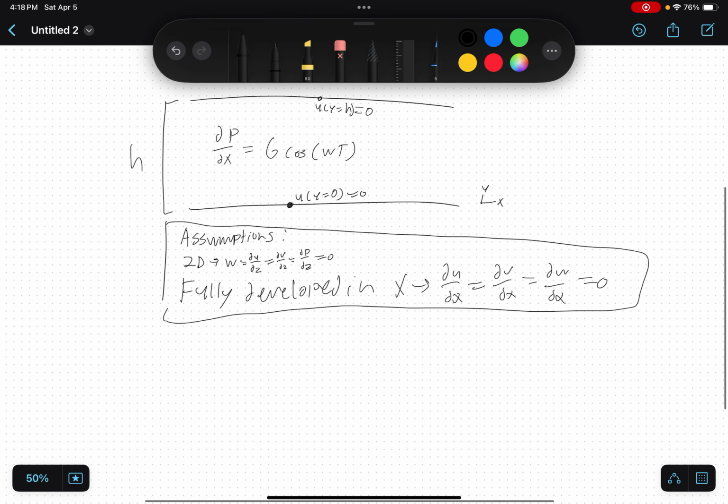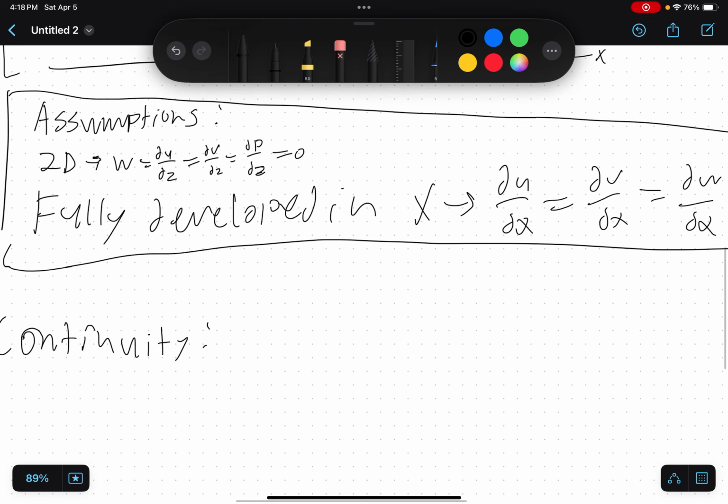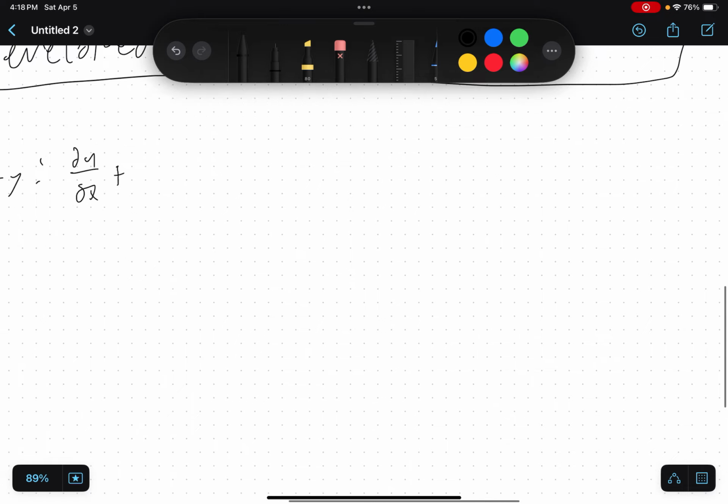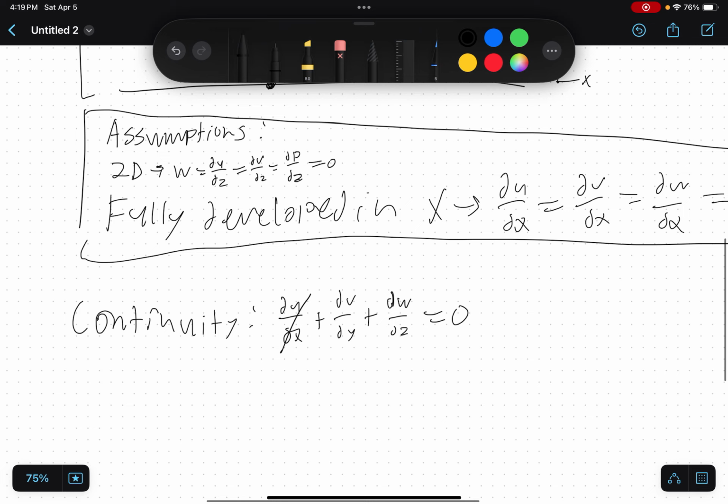So now, I think we can do continuity. du dx plus dv dy plus dw dz equals 0. Fully developed 2D.